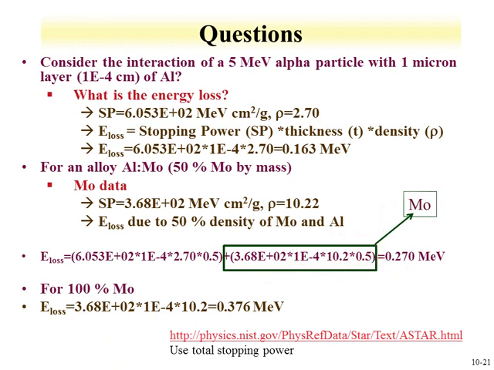And what we see is that now we absorb about 0.27 MeV of energy from this 5 MeV alpha particle in a 1 micron thick layer of this alloy. And if we go to 100% molybdenum, we just take this component of the equation, make this 100%, and we see that the energy absorbed is 0.376 MeV.